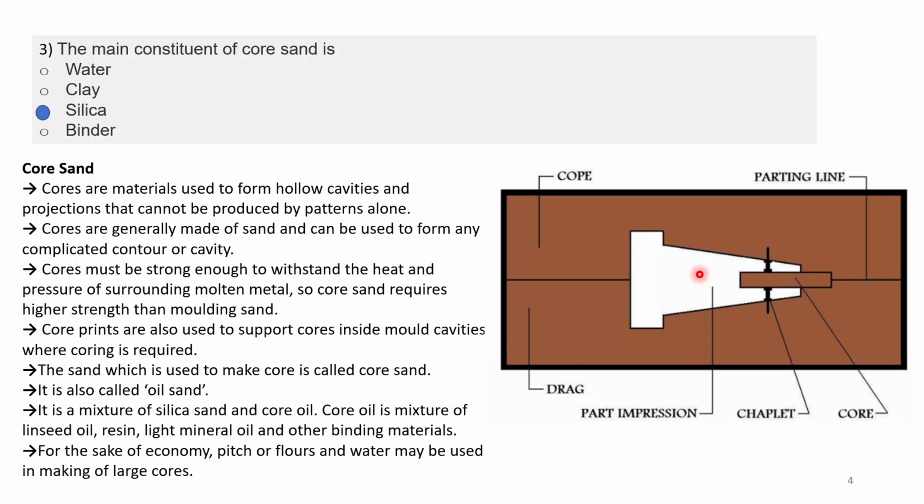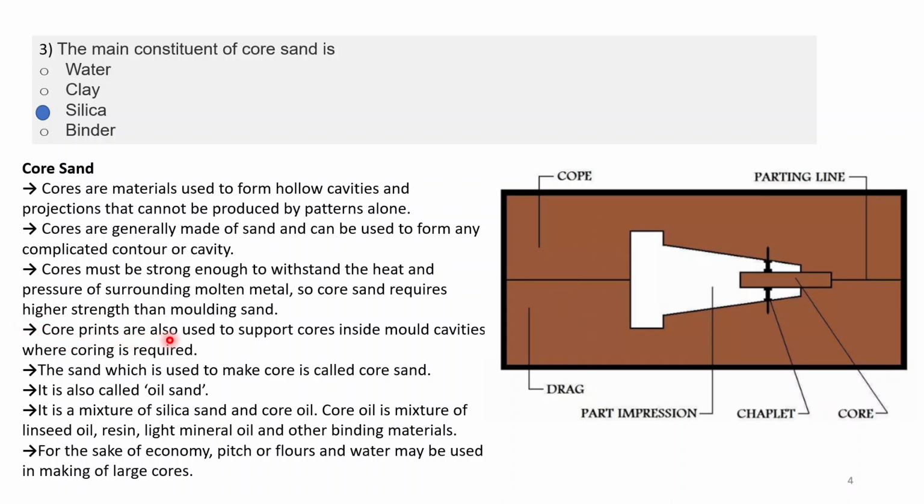So this entire white cavity will be filled with molten metal, and it will be exerting some heat as well as pressure on this core sand. So it should have sufficient strength. Core sand requires higher strength than molding sand.